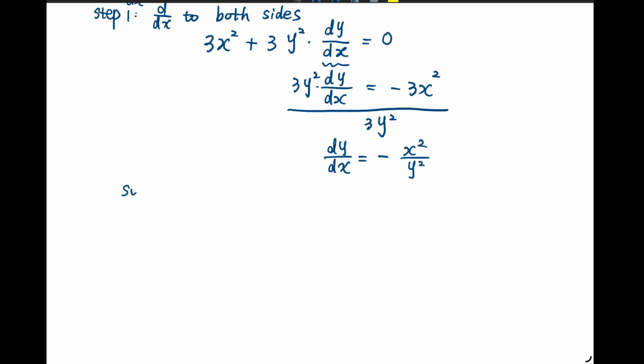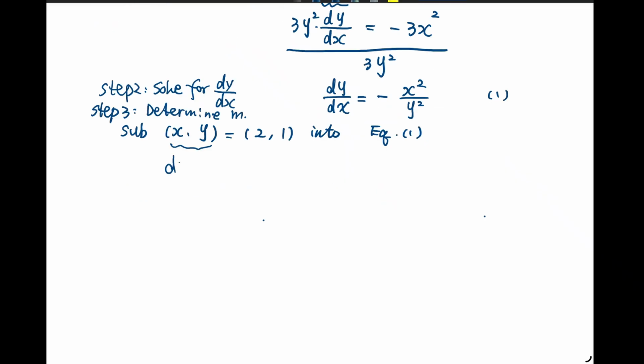Then we sub the xy value, a point on the graph, into this equation 1 to find the slope at that point. We're going to have dy by dx, that is our slope, equals negative x is 2 squared, y is 1 squared, so we have negative 4 over 1 is negative 4.